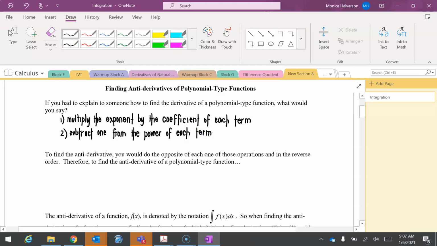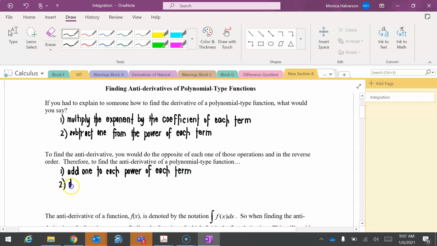So because integration is exactly the opposite of differentiation, we're going to do the opposite operations in reverse order. So the first thing we're going to do in order to integrate or to find the antiderivative is add 1 to each power of each term.